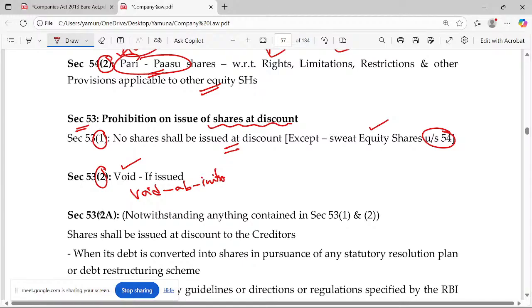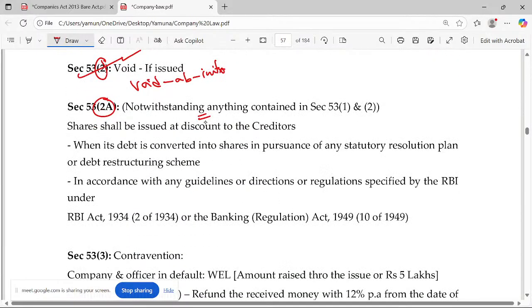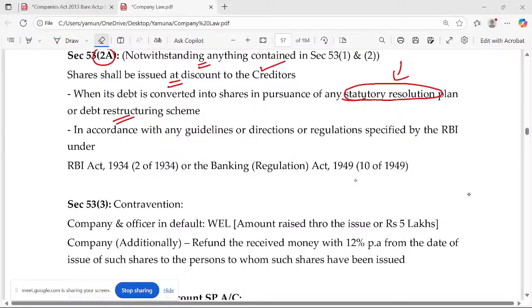And there is 2A: notwithstanding anything contained in 53(1) and 53(2), shares may be issued at a discount to the creditors. When we say any other plan, that plan may involve a statutory resolution plan. So when it happens to the creditors, in case the company is going for liquidation, probably an insolvency case, there is something called IBC. You remember what IBC is?